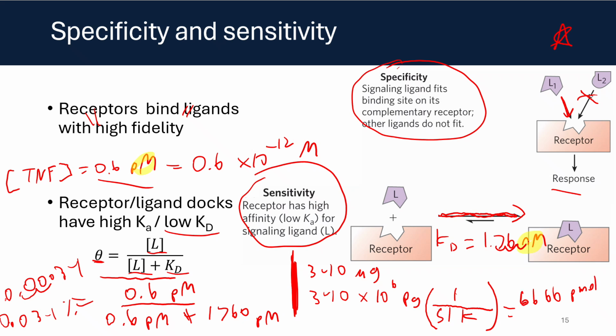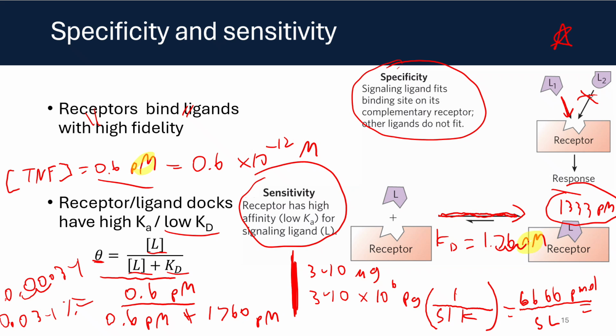The average human adult contains 5 liters of blood. So if we divide these two numbers, we will get a final concentration of about 133 picomolar of TNF-alpha, plus, I suppose, the 0.6 picomolar, which we can ignore.